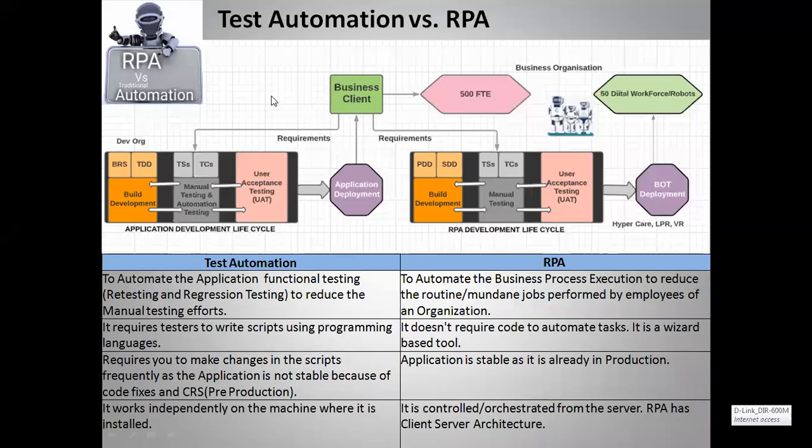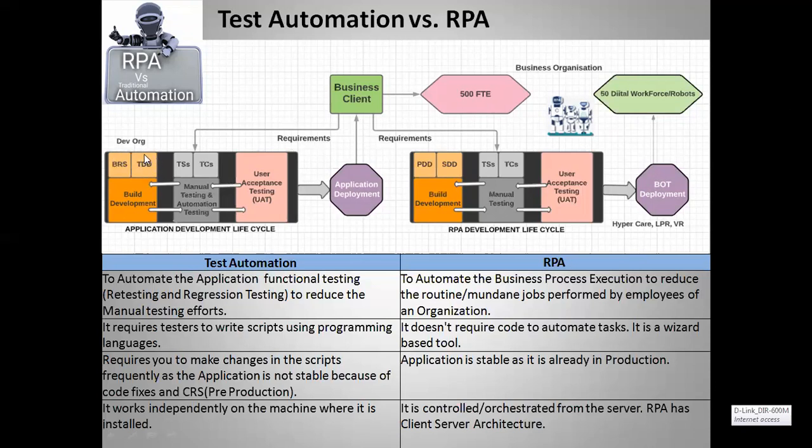So how is it different from the test automation tools? Let me explain this picture before that. If a business organization wants to have an application developed to speed up the business process execution, they will approach an IT company to get an application developed. First, they will provide all the requirements in the form of a BRS, business requirement specification document.